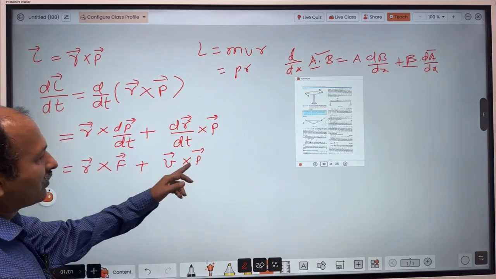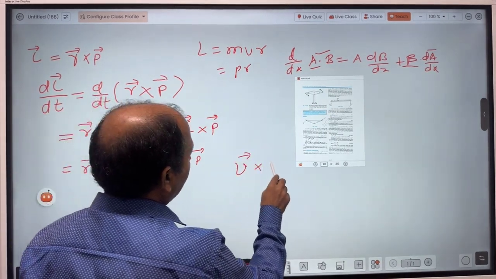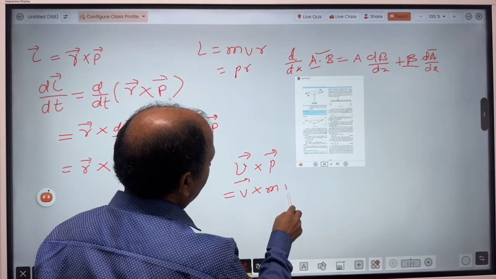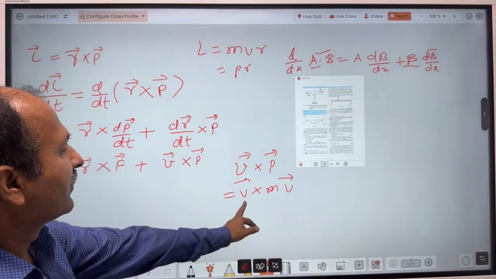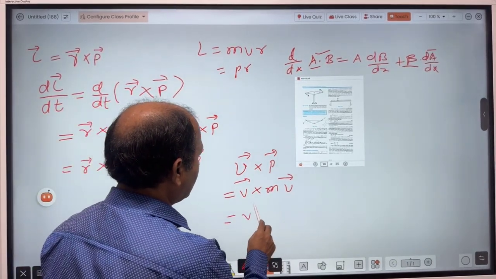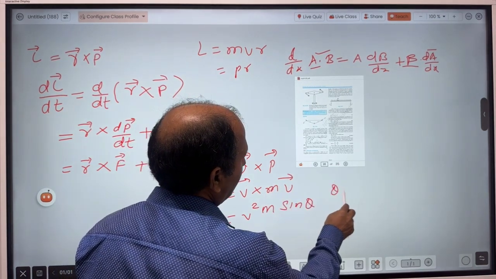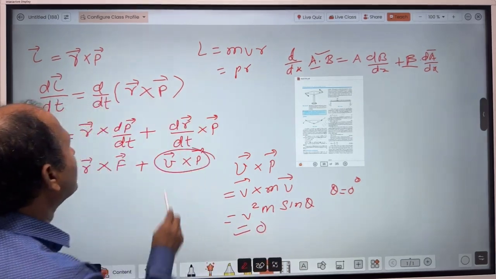And now if you remember p is mv, so just analyze it, v cross p is v cross mv, m times v cross v. And you know v cross v means they are the same vector. So theta between them, you can write v square m into sine theta, and theta is equal to 0 degree. So you will get 0. So second term will become 0.